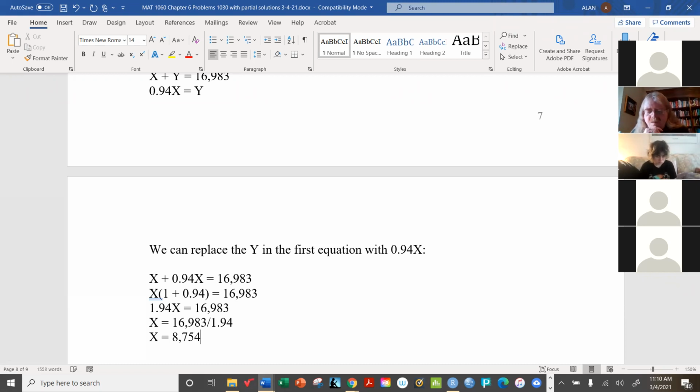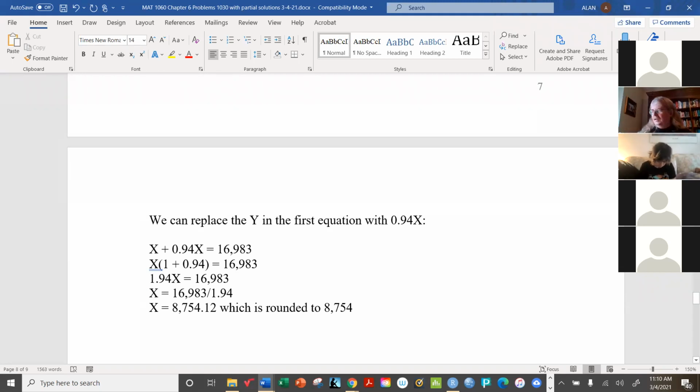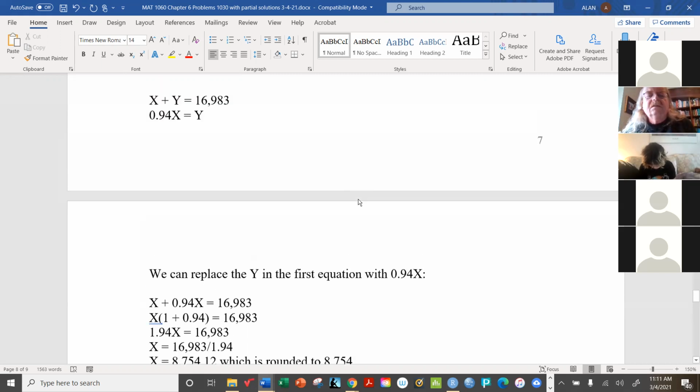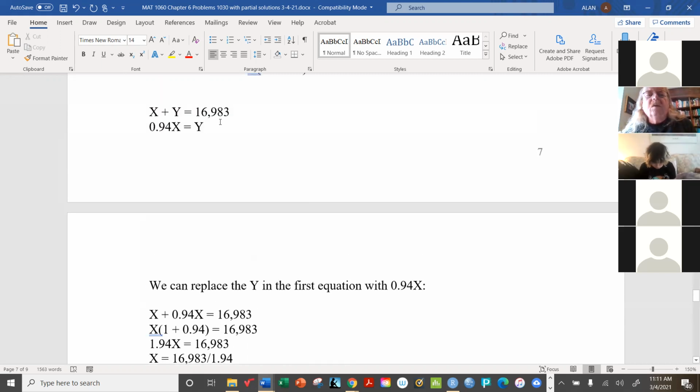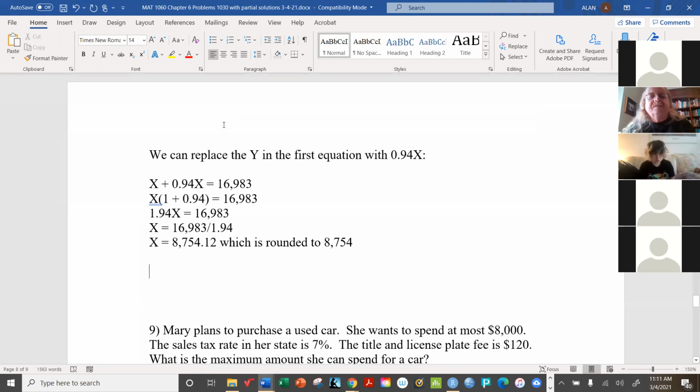We have to be careful though, because we have to have an integer here. We can't have a fractional number of people. So then with Y, we already know that Y equals 0.94X.